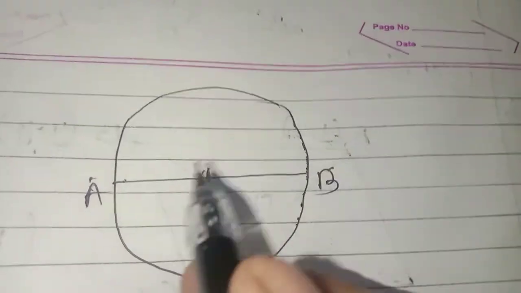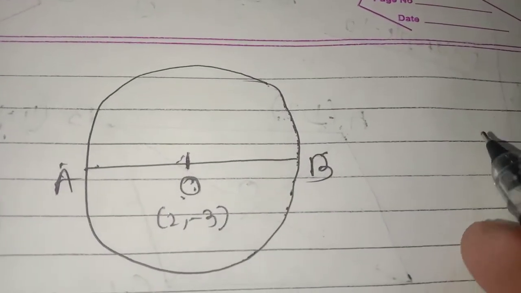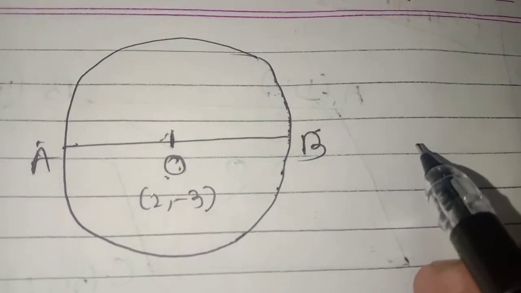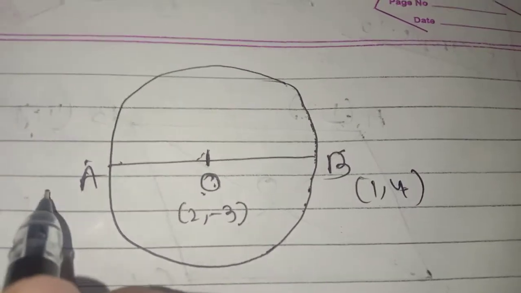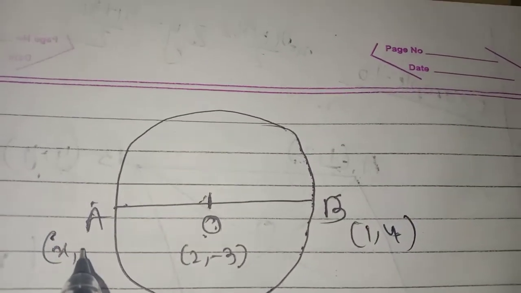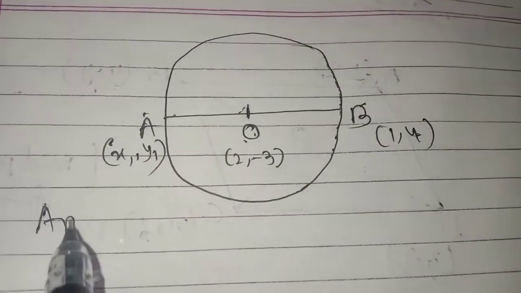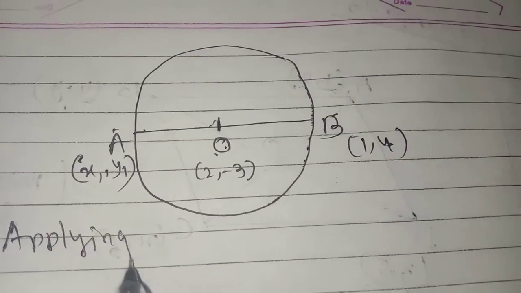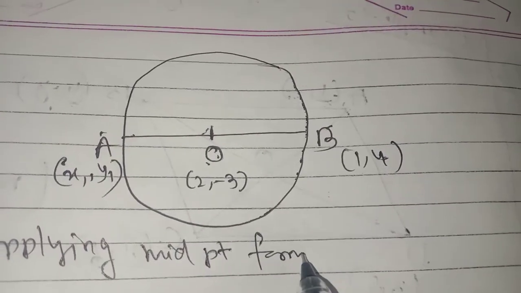So the center is given as (2, minus 3) and the coordinates of B are given as (1, 4). We have to find the coordinates of A. So let's take it as x1 and y1. So applying the midpoint formula. What is the midpoint formula?